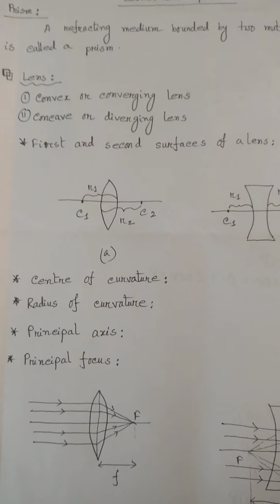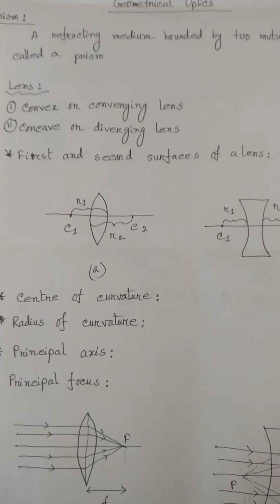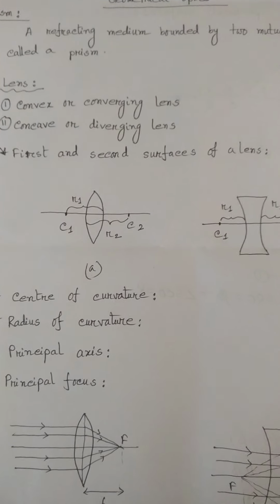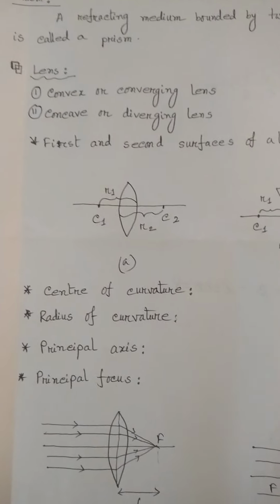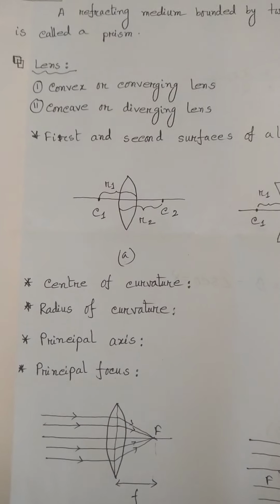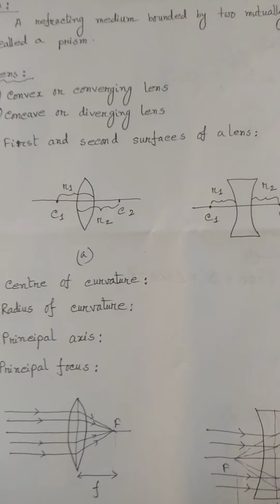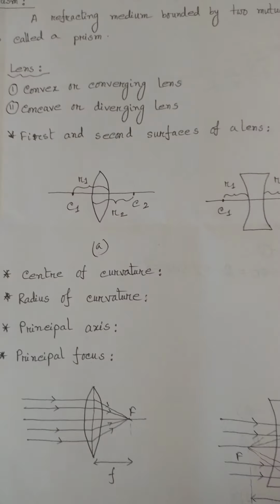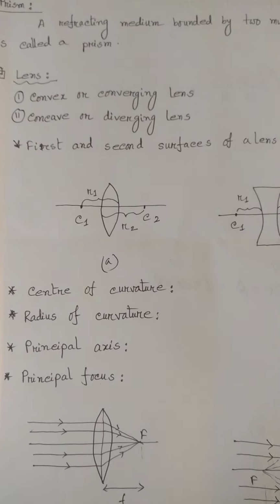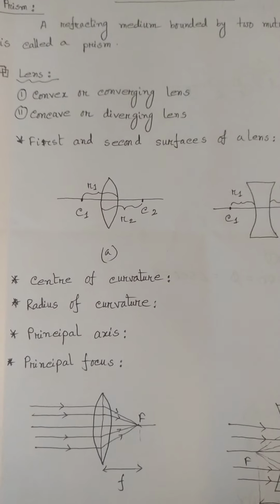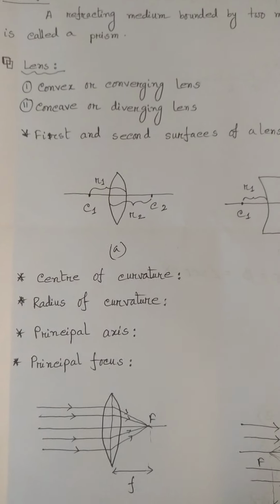What is the second surface of the lens? The surface through which the ray of light emerges out of the lens is called the second surface of the lens. Then we come to the definition of center of curvature. From the definition of a lens, each surface of a lens is a part of a sphere.